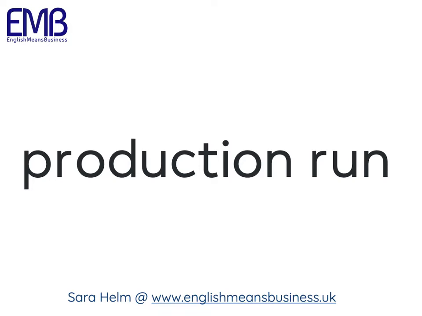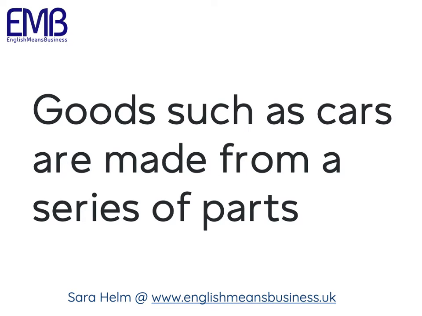Now, earlier we looked at the term raw materials, and I said that that was the start of the production process. However, that's not always the case, because not every factory handles raw materials. Think about goods such as cars. These are generally made from a series of parts that are in fact semi-finished goods.